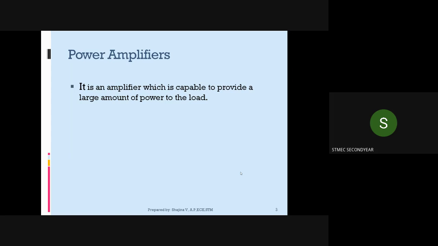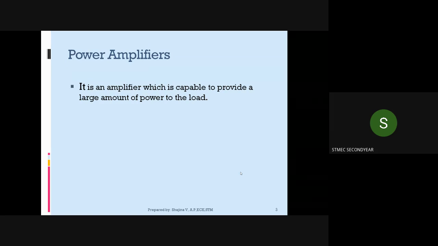That is, before connecting to the load, we require a power amplifier. Okay, so in practical applications, a large amount of power is required in many devices. So we are using a power amplifier. You can say a power amplifier is capable of providing a large amount of power to the load.